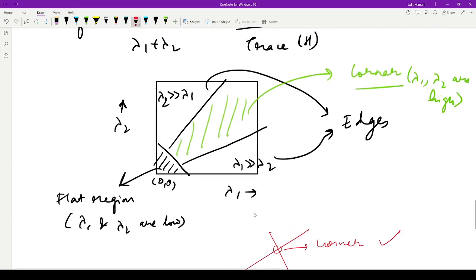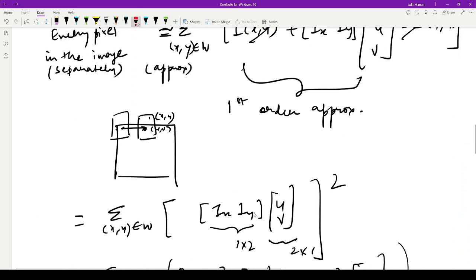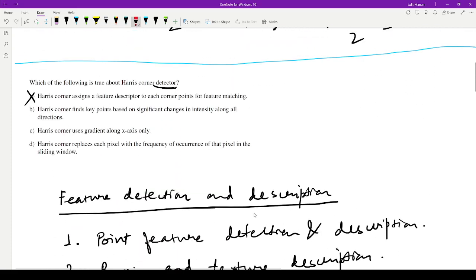So where are we? Given all these things, if lambda 1 and lambda 2 are high, that means there are significant changes in both the directions, which means that this is a corner.